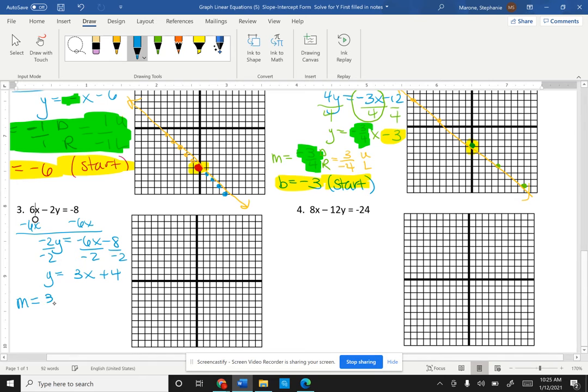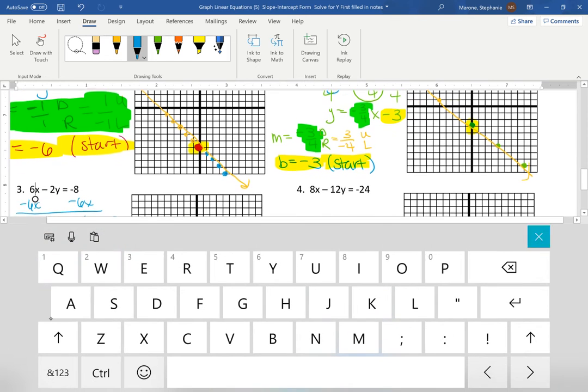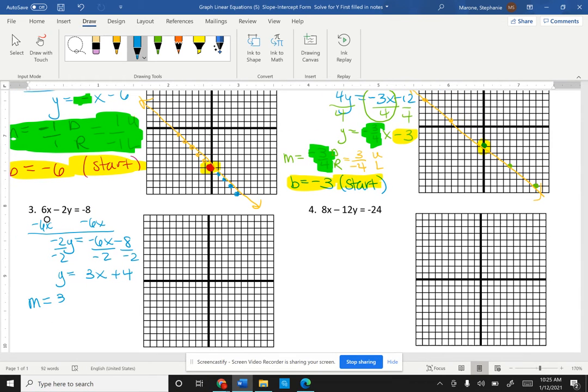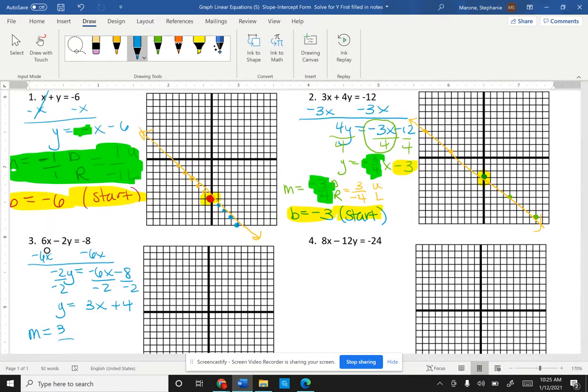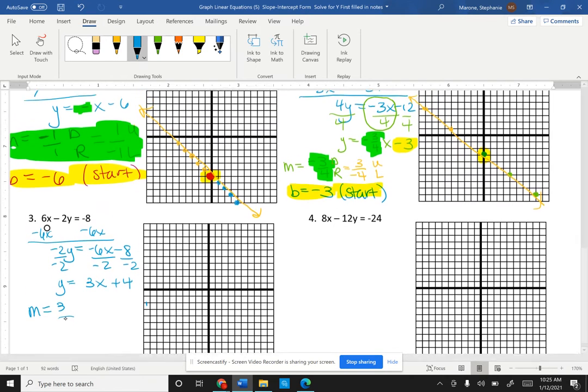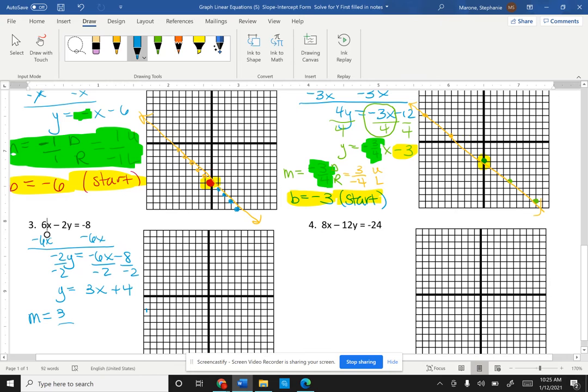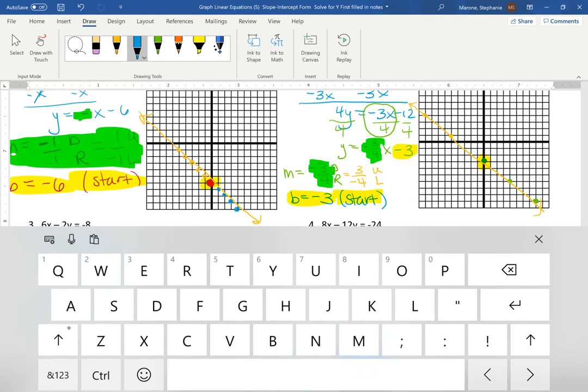So the slope is 3 over 1. Sorry, I don't know how to use my pen all the time.